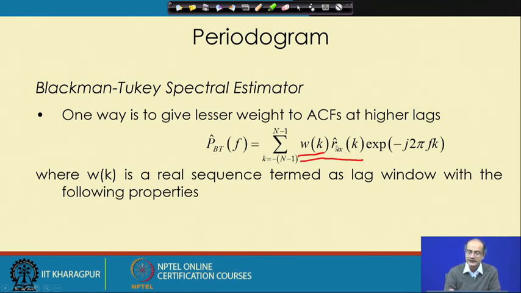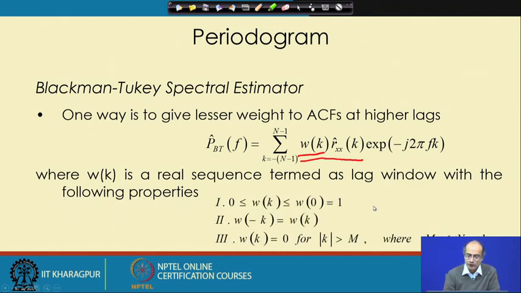We know near the center that autocorrelation function estimates are better and they become more and more unreliable as we move away from the 0th lag. So, W, the windowing function, should look at that phenomenon and take appropriate action for it. So, it should have some properties.